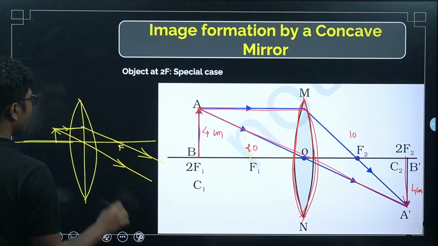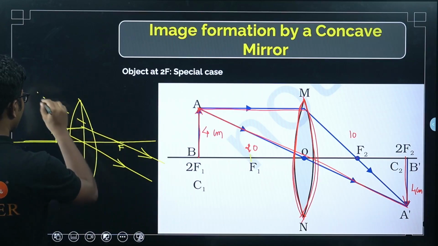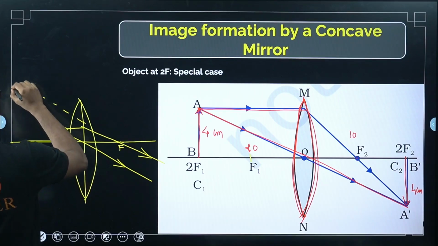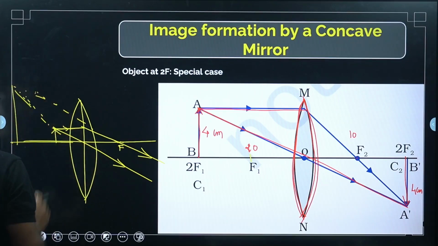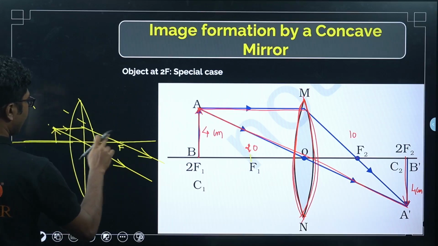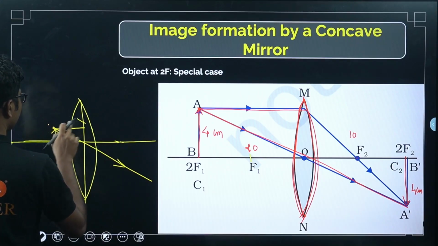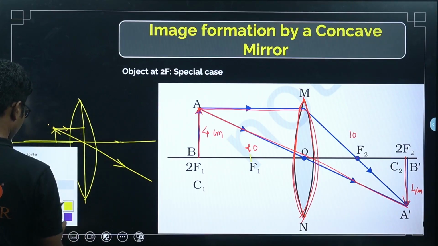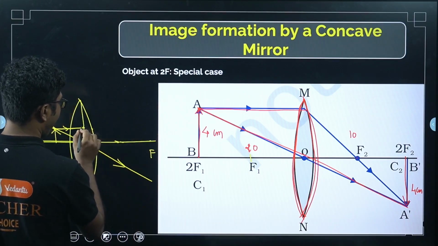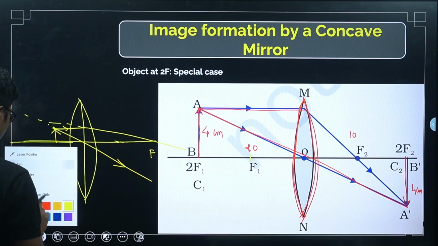Now they do not intersect anywhere on this side; they will only intersect when you go backward. I have taken the focal length very small, so it is going very far. Instead, I will take the focal length a little bit farther, so in that case they will easily meet closer.